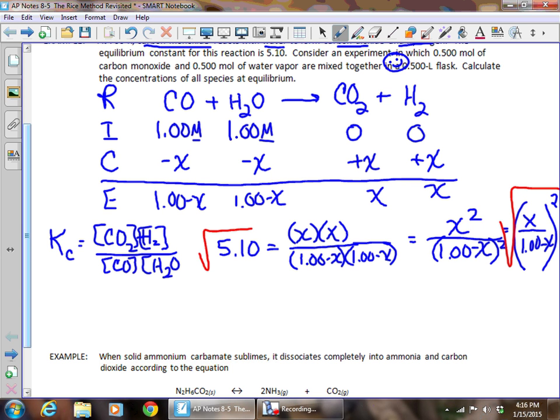Taking the square root of 5.10, I get 2.26. And of course, if I take the square root of something that's squared, it's going to be x over 1.00 minus x. So I'm going to multiply both sides by this quantity, and what I end up with is 1.00 minus x times the 2.26 is equal to x.